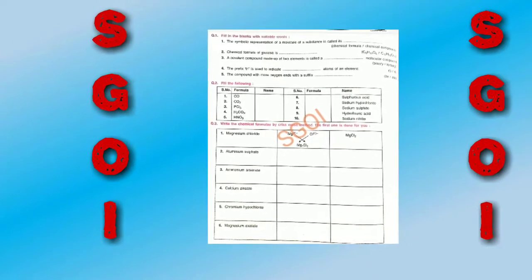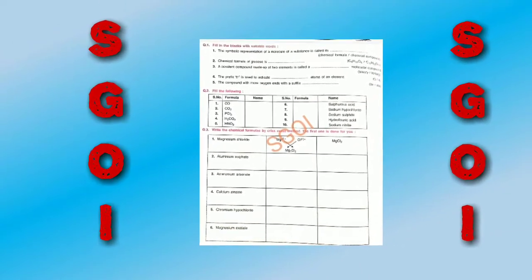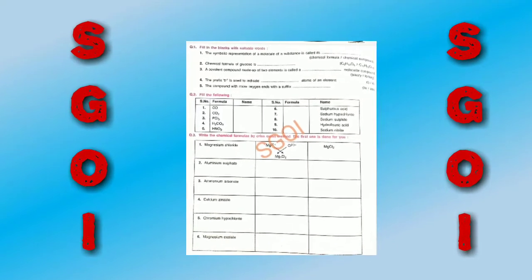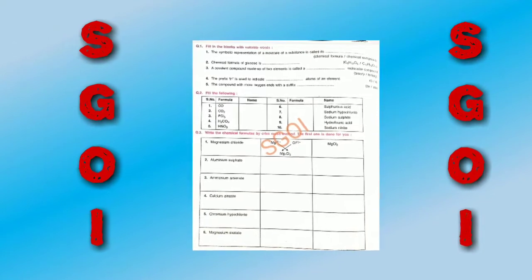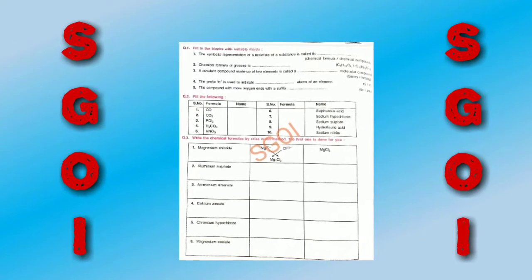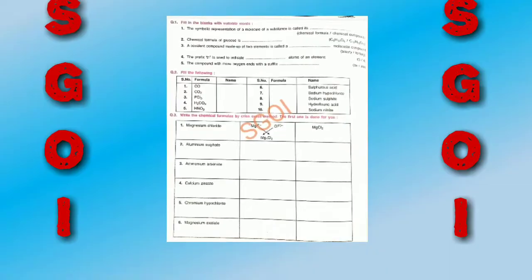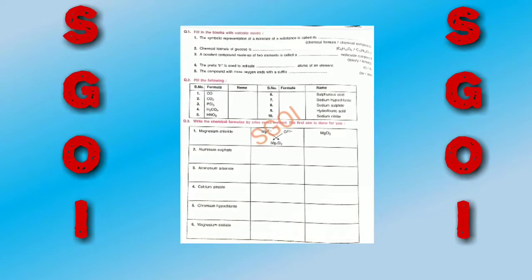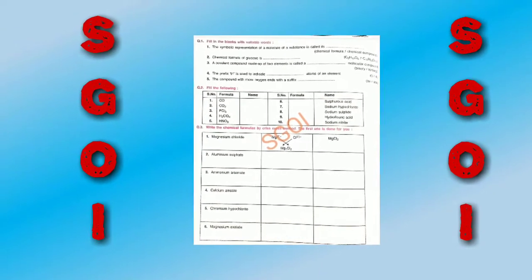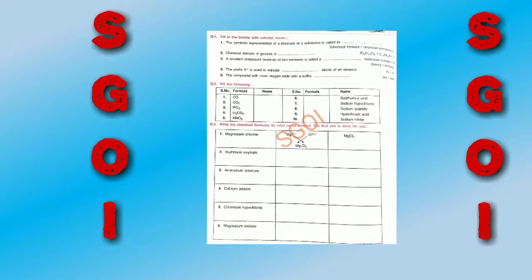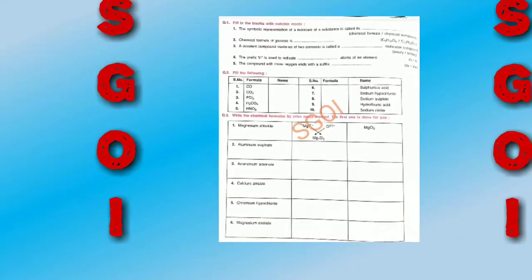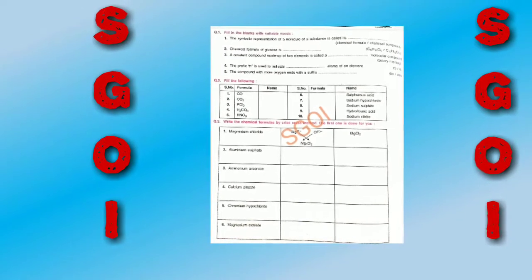And the second question is also fill in the blanks. Five questions are for naming the compound, and for five, the name is given and you write down the formula of that compound. Okay.